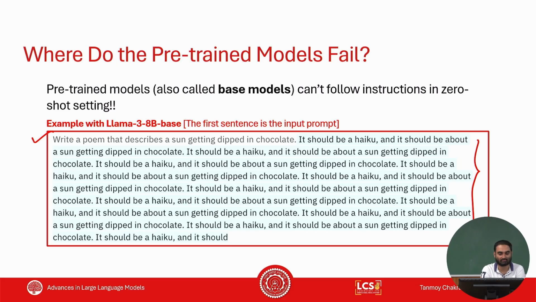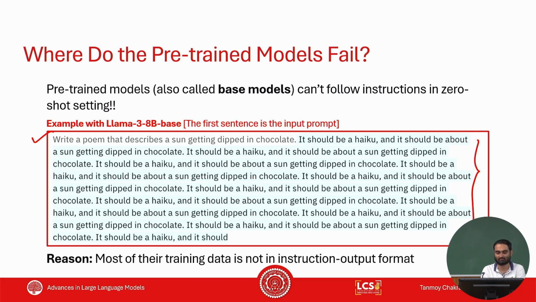That model used to produce this kind of responses 2 years back. It should be a haiku, it should be about a sun getting dipped in chocolate, and these two sentences would get repeated multiple times, and this is not a poem at all. So you see that the model is not able to understand the prompt properly, the instruction properly. So we need further fine tuning to teach the model how to follow instructions.